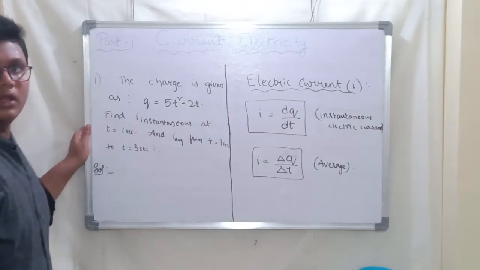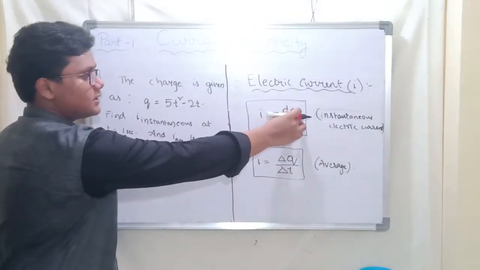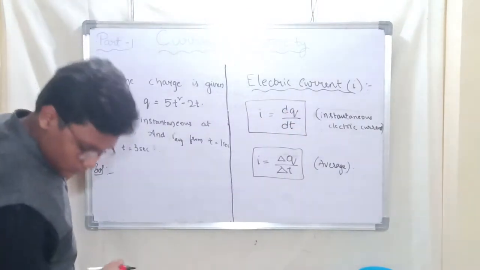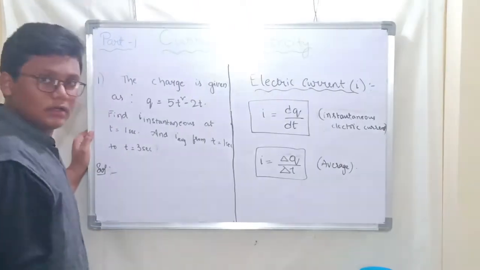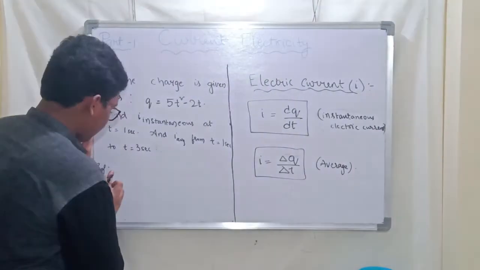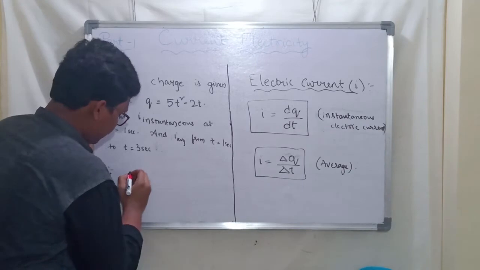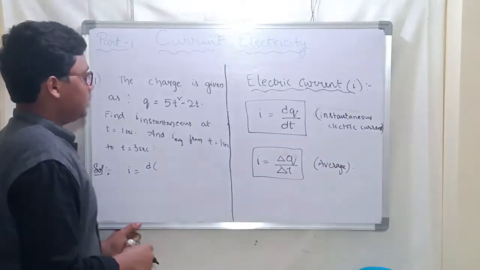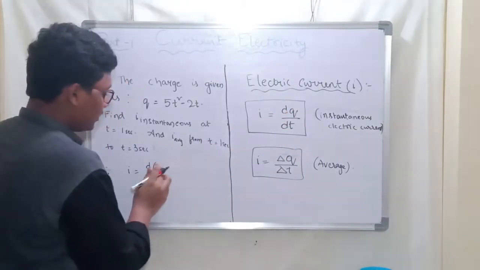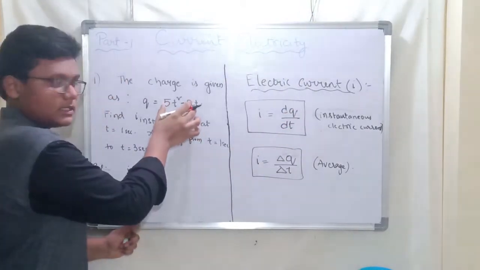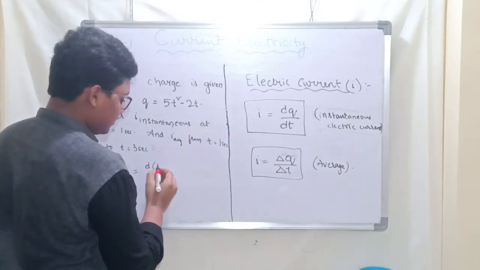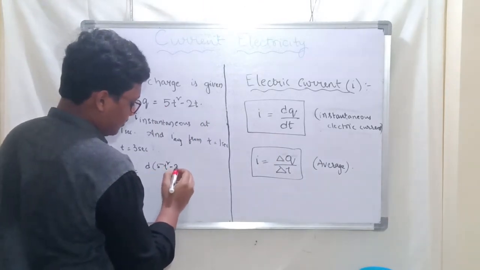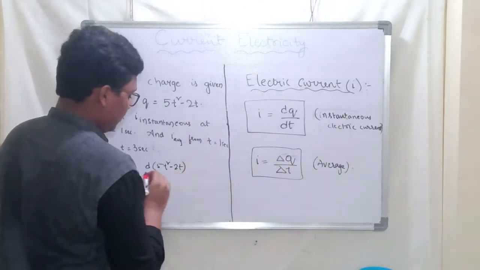Solution. First, we know the formula for the instantaneous current is dq by dt. We substitute q, which is 5t square minus 2t, so I is d of 5t square minus 2t by dt.